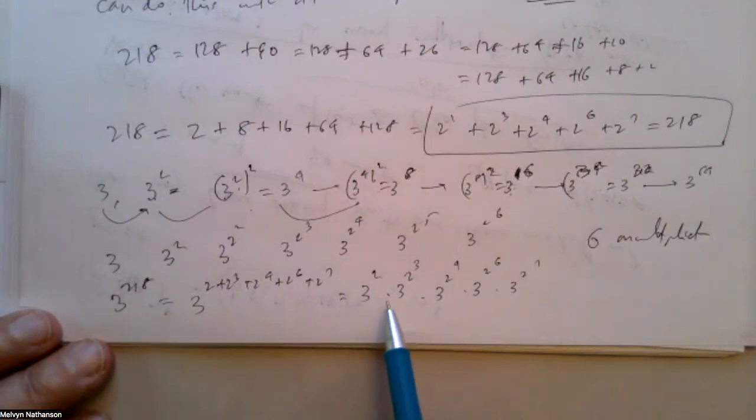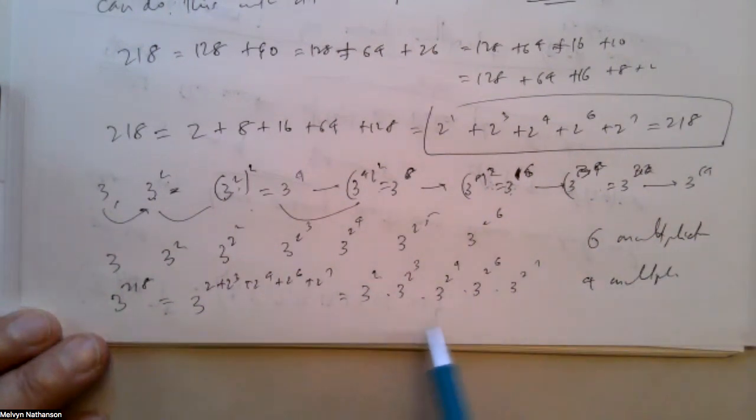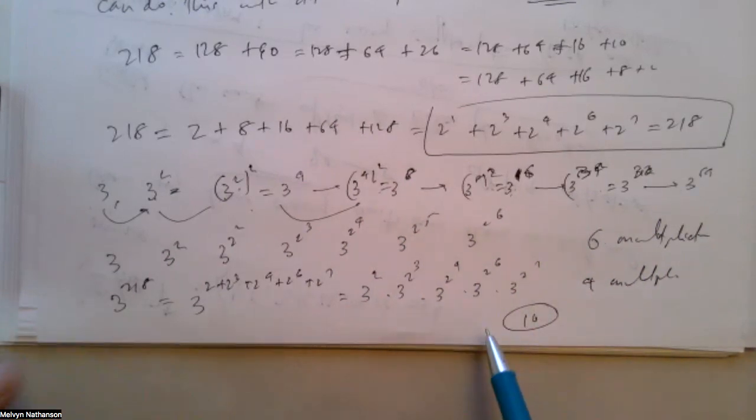How many multiplications here? 1, 2, 3, 4. So altogether, it takes 6 plus 4, 10 multiplications to compute 3 to the 218. And mod 1,000, I just cross off all but the last 3 digits of the number.